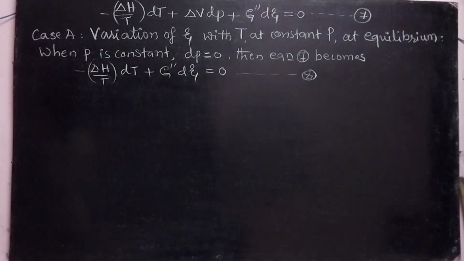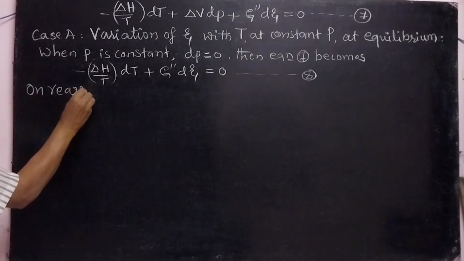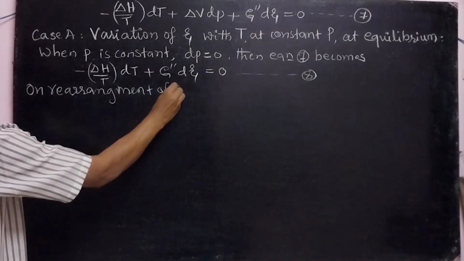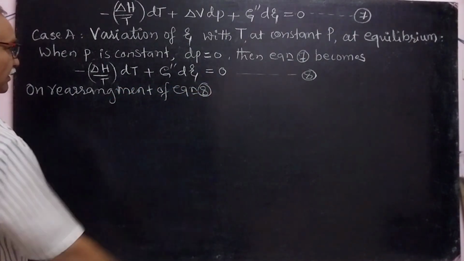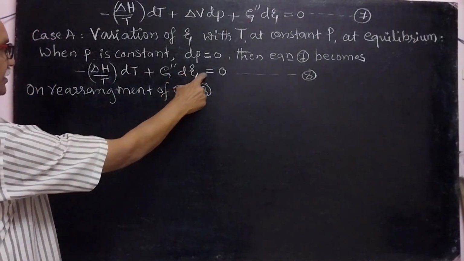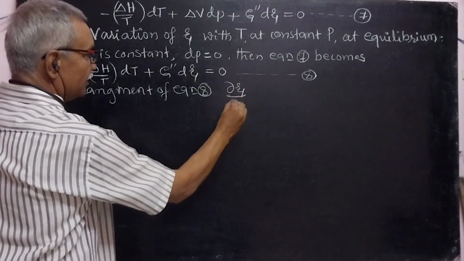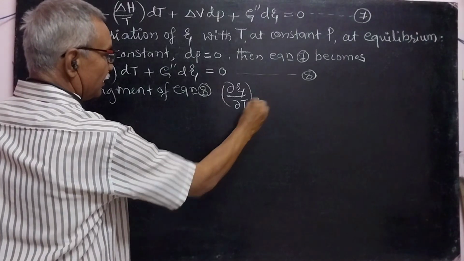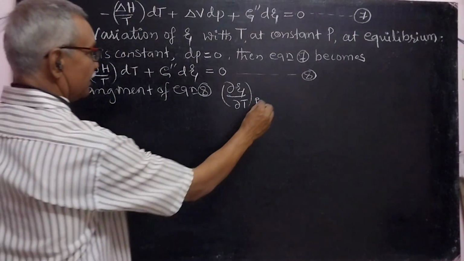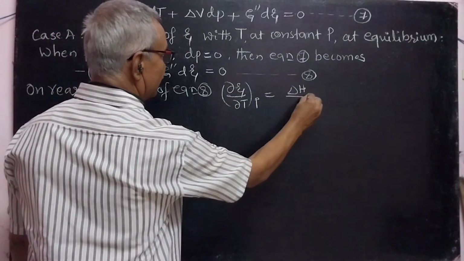On rearrangement of equation 8, we get ∂ξ/∂T at constant pressure, because we are applying at constant pressure, equal to ΔH divided by T G double dash.